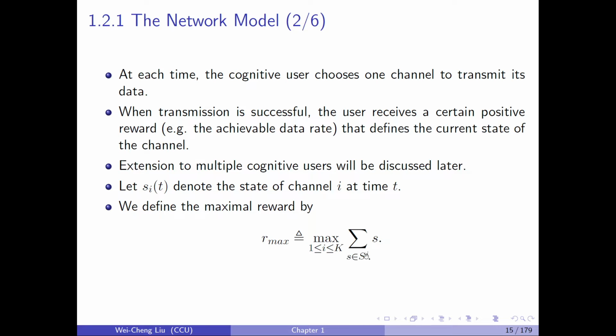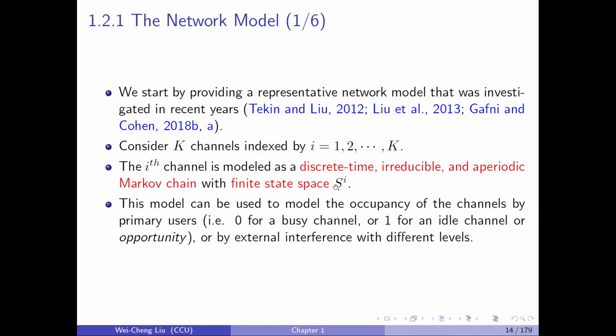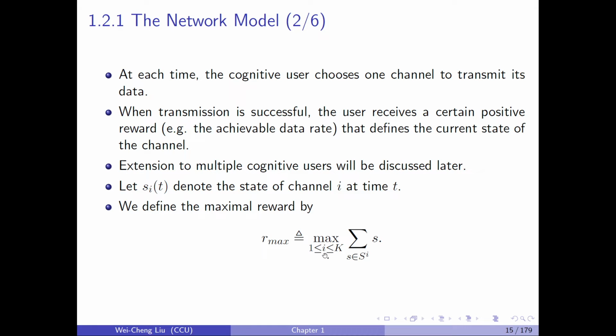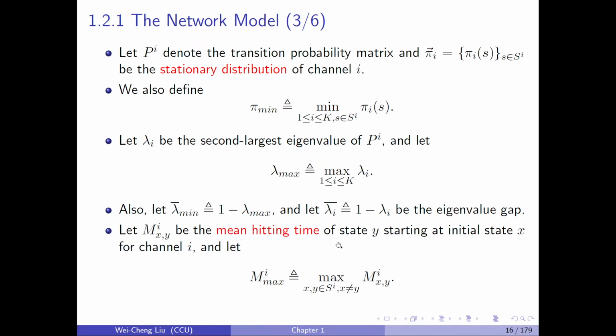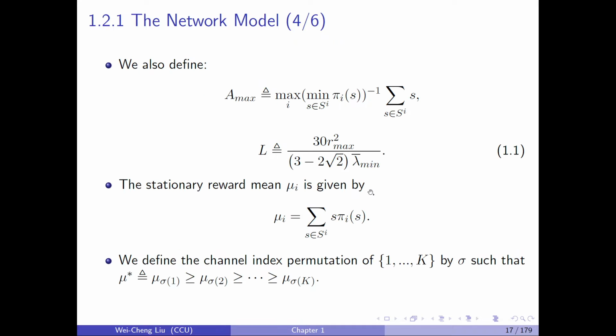What is capital S_i? Capital S_i is the finite state space of the ith channel, and here 1 is less than or equal to i, and i is smaller than or equal to capital K. And then what is lambda bar minima?